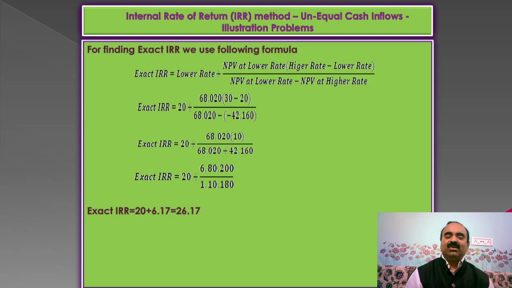Exact IRR is equal to lower rate, that is 20%, plus NPV at lower rate, that is 68,020, into higher rate 30 minus lower rate 20, divided by NPV at lower rate 68,020 minus NPV at higher rate, minus 42,160. After simplifying all these values, we derived exact IRR of 26.17. For the third problem, IRR is 26.17.